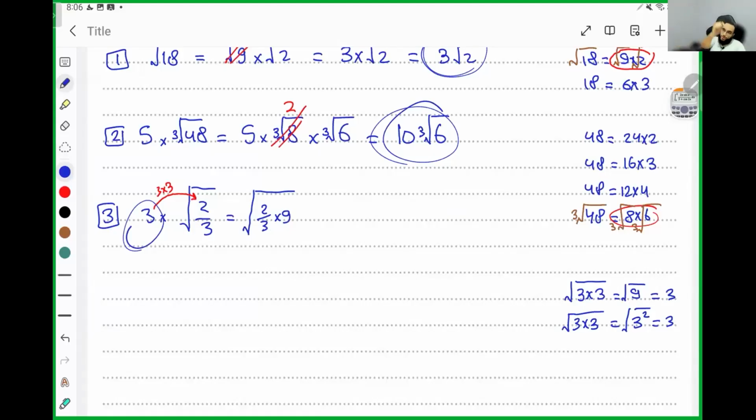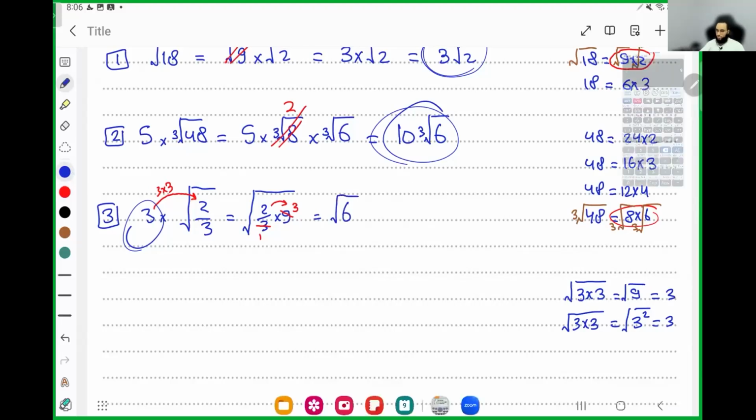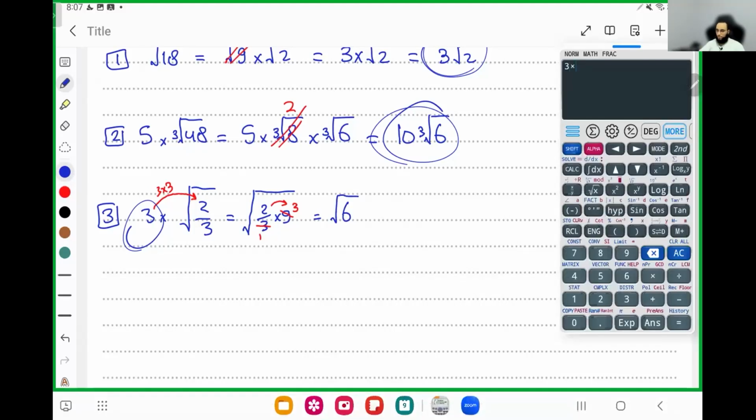I get it inside the square root by multiplying itself 2 times. Now, divided 3, 1. Divided 3, 3. 2 times 3, 6. Then it's root 6. Let's check the calculator. 3 times square root 2 over 3 is root 6. It's root 6, correct?